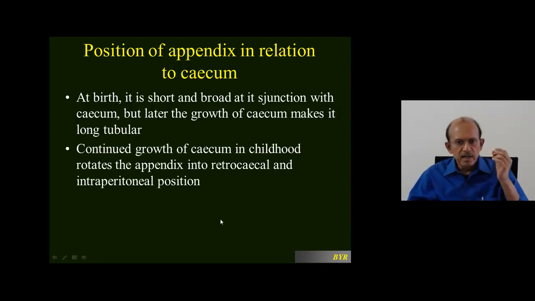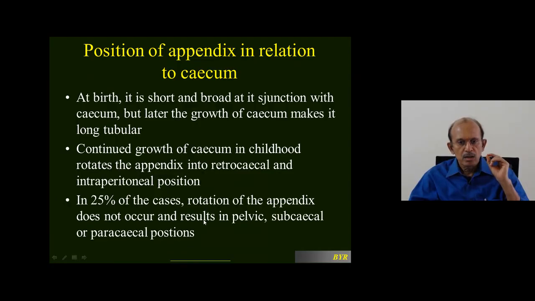Continued growth of the cecum in childhood rotates the appendix into a retrocecal and intraperitoneal position. In 25% of the cases, rotation of the appendix does not occur and results in pelvic, subcecal, or paracecal positions.